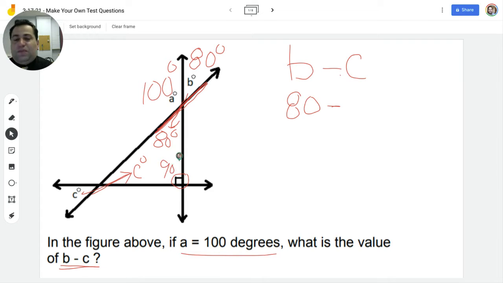Due to the triangle sum theorem, if I'm missing one angle of a triangle, I can use the other two angles to find the missing angle. So angle C is going to be equal to 180 minus 90 plus 80.